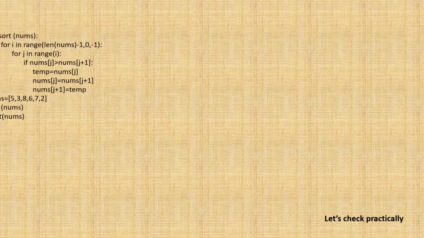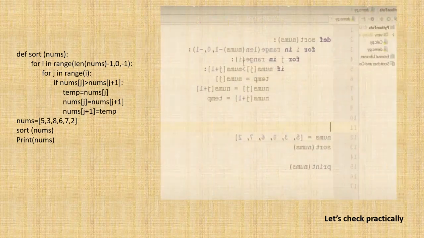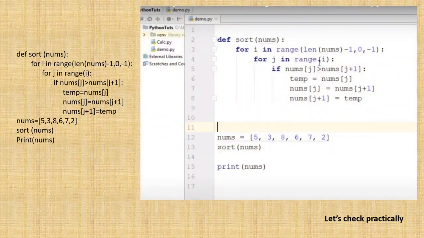Now let us see the coding of the same iterations in Python. How to do it in Python? What are the steps or statements to be used in Python programming in order to get the elements sorted? This is a screen page from a Python program.